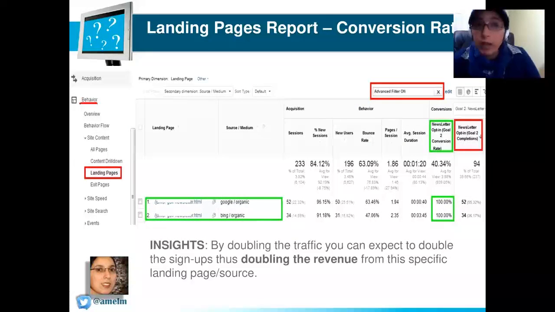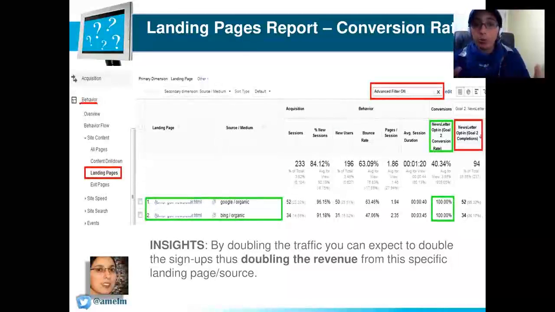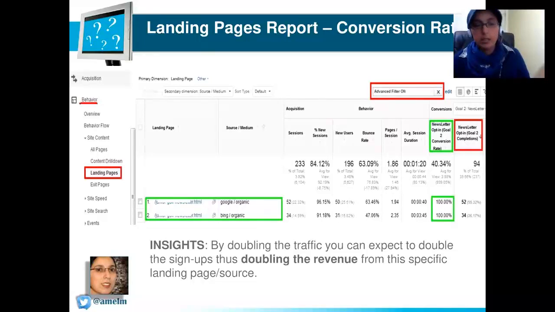Now when you do that, that's the cool part of all the SEO and analytics. What happens here is you have your report, it's customized, it's advanced. Now you can see on your report on the left side the landing pages, and you see the source organic.